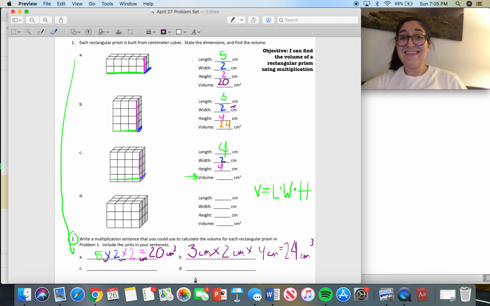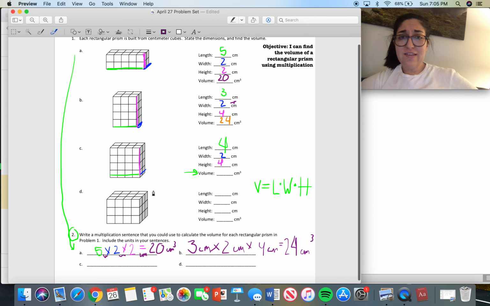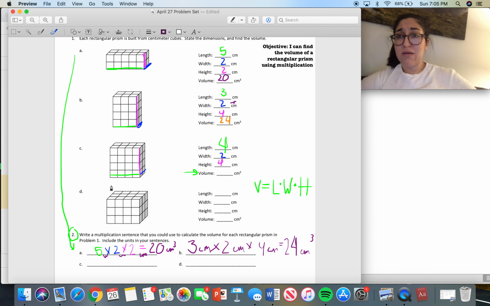Now, quick trick. Remember how before I talked about how you could solve using the area? Let's say I wanted to multiply this 4 and this 2 first. I could put parentheses around it to show that I'm multiplying that first.